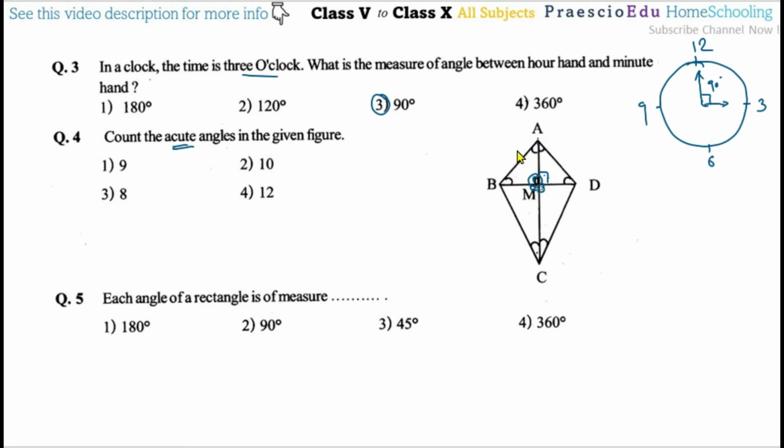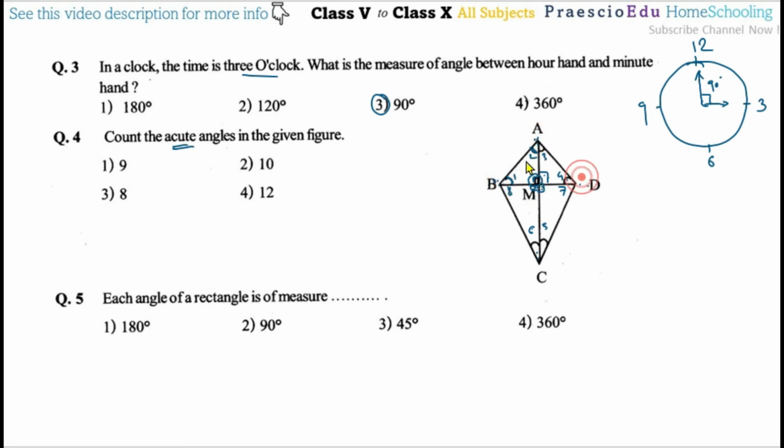On this basis we can say ABD is an acute angle. Now BAM is also an acute angle. Numbering them 1, 2, 3, 4, 5, 6, 7 and 8, there are a total of 8 angles.